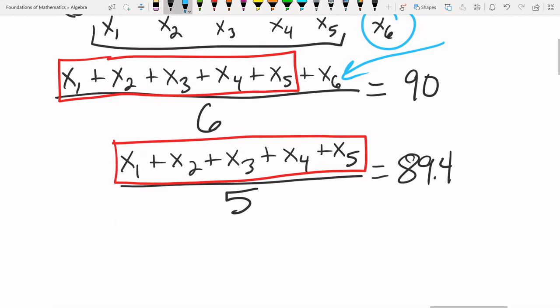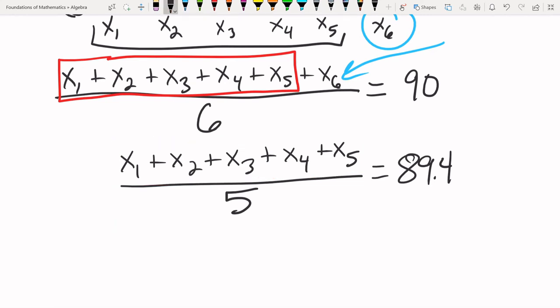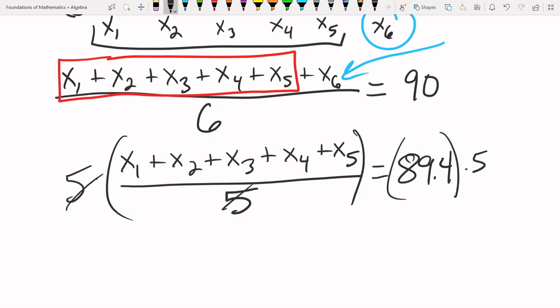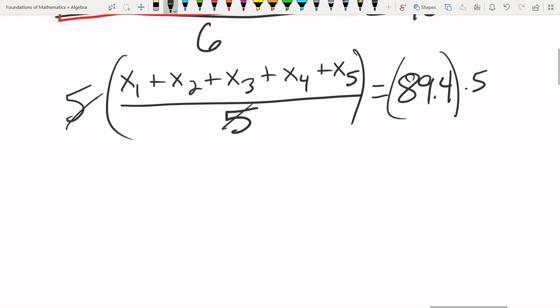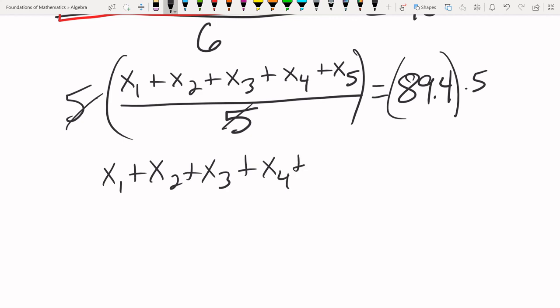Well, hopefully this makes sense. All I'm going to do here is multiply by 5. And that gives us 89.4 times 5 is 447.